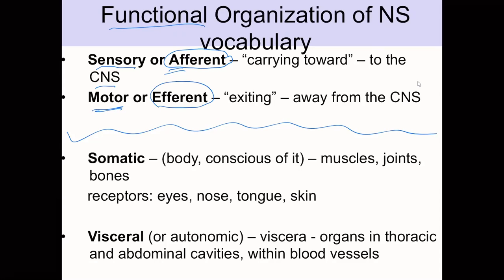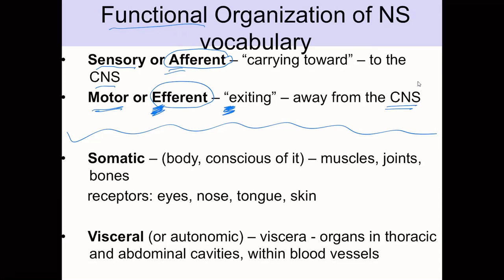That means it's exiting the central nervous system. I'll show you pictures of it again. I always think efferent is exiting, E and E, and afferent is A, and it comes before the E.